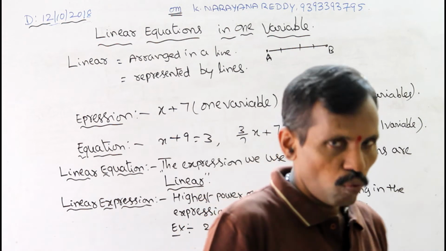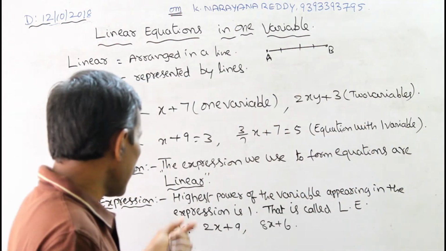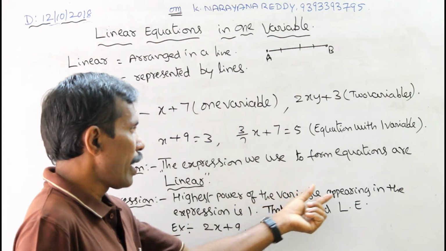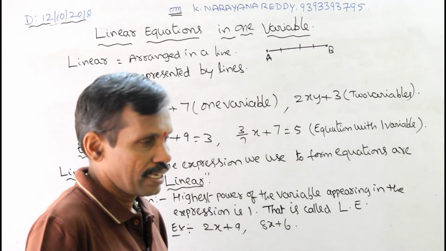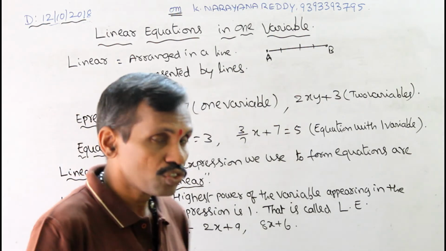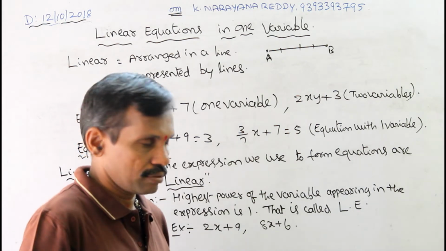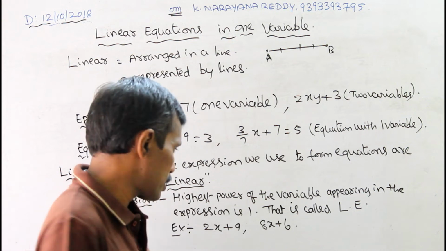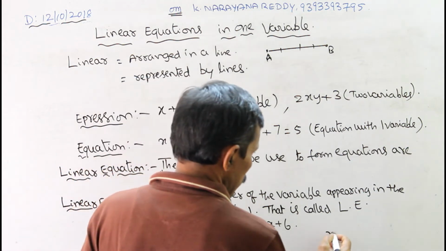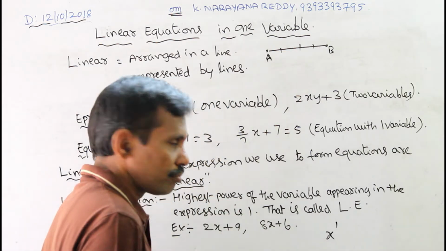Next one is linear expression. Already you know what is meant by expression. The highest power of the variable appearing in the expression is 1. That is called a linear expression. So highest power how much? 1. What is power? Exponent, power, base. Already told the difference between power, exponent and base. So take x. x to the power of 1.